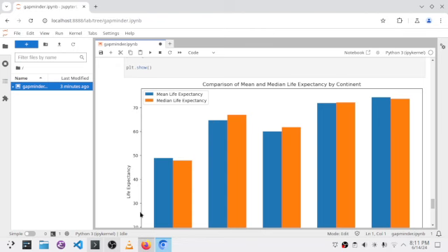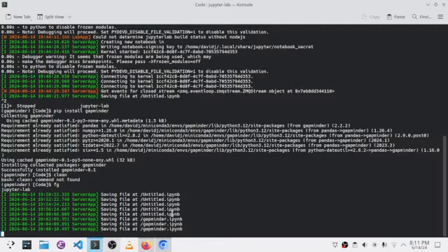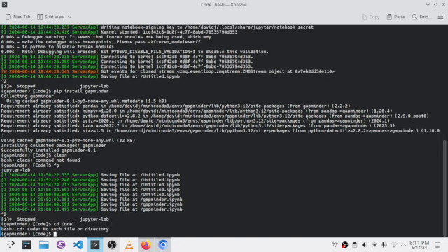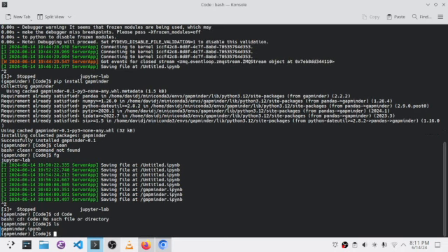Let's see if we can come down here now. Quarto, render.